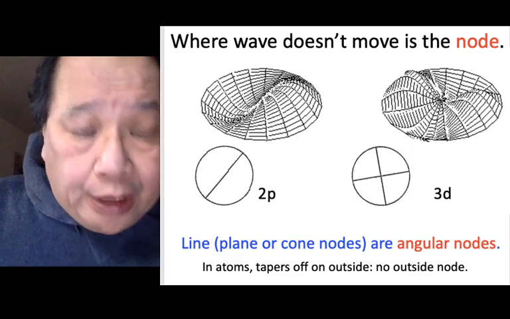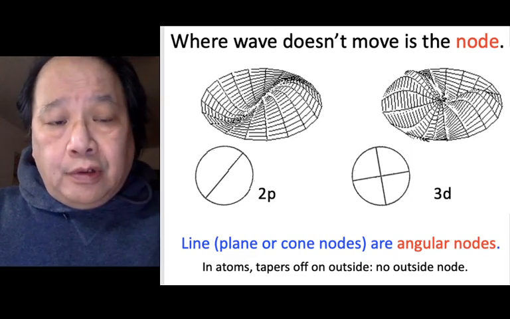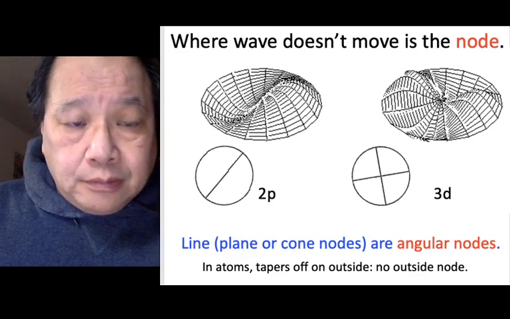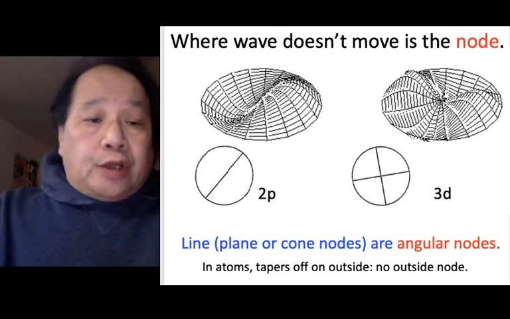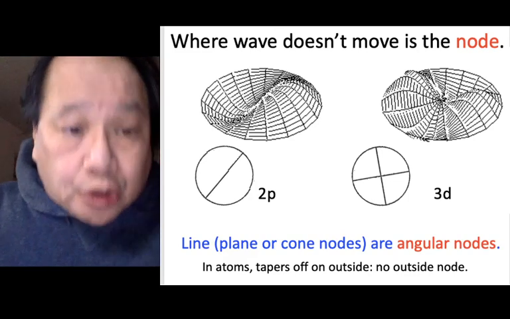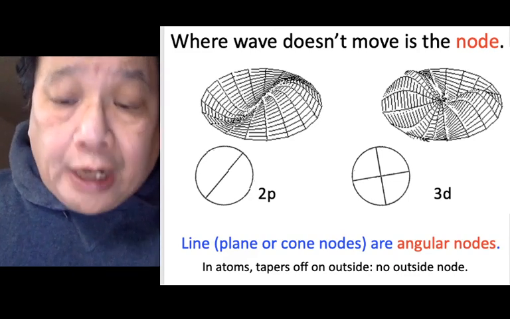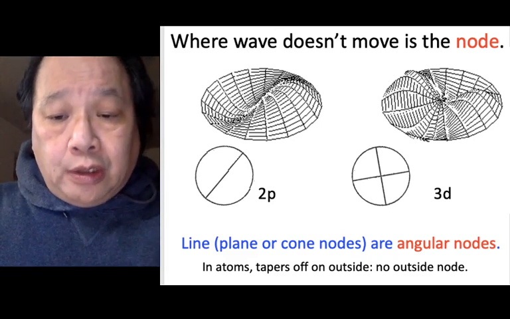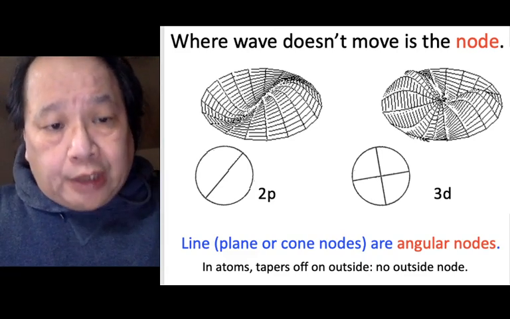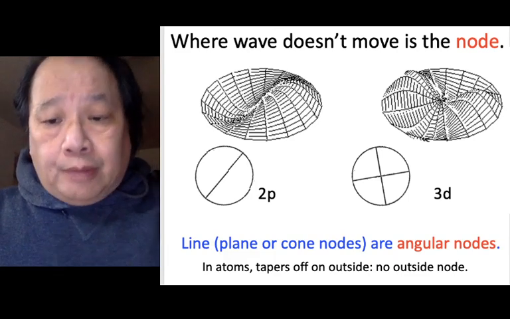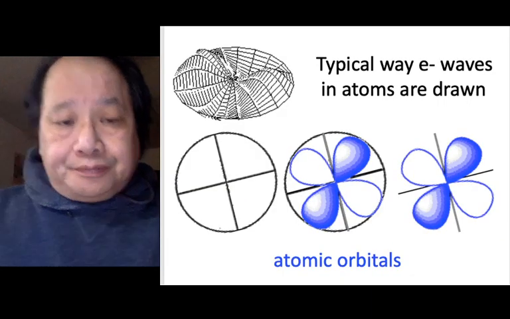And how many radial nodes does 2p have? Put that in chat. Radial nodes are the places inside, the circles and spheres, where it goes to 0. So there are no radial nodes in 2p or 3d, but 2p has one angular node and 3d has 2. And remember that, and now we'll go on.